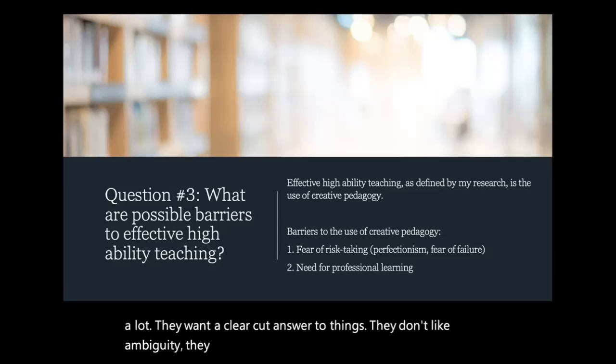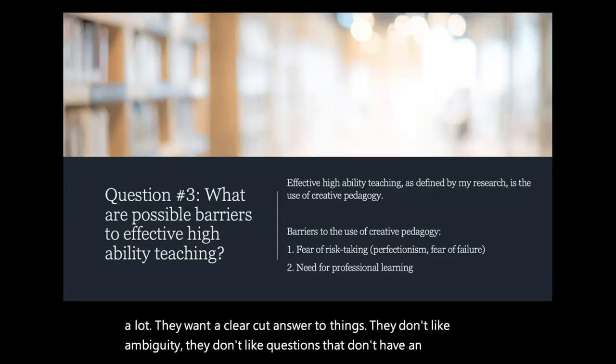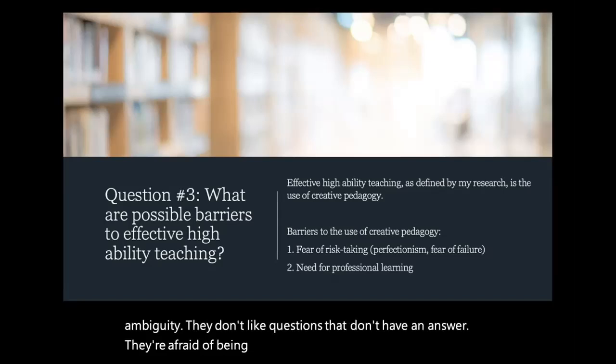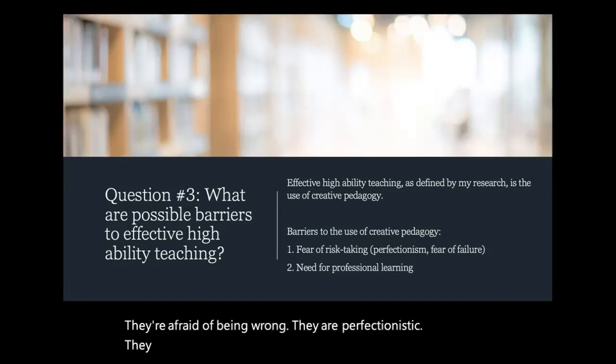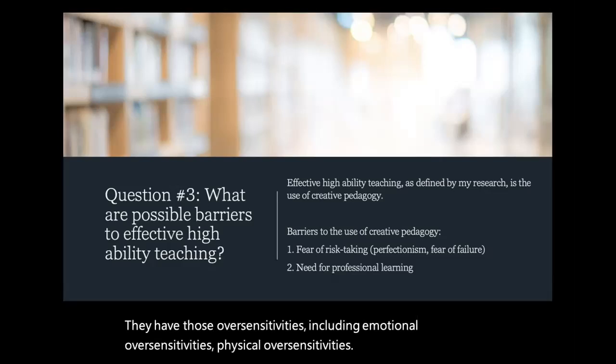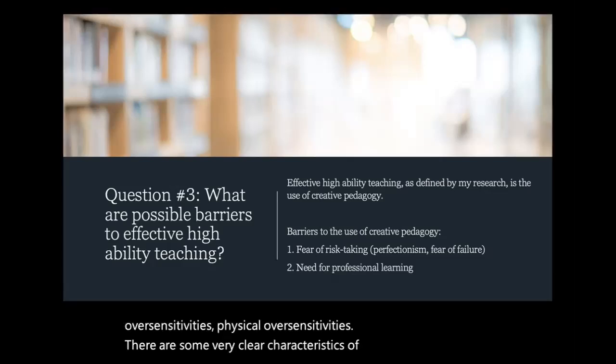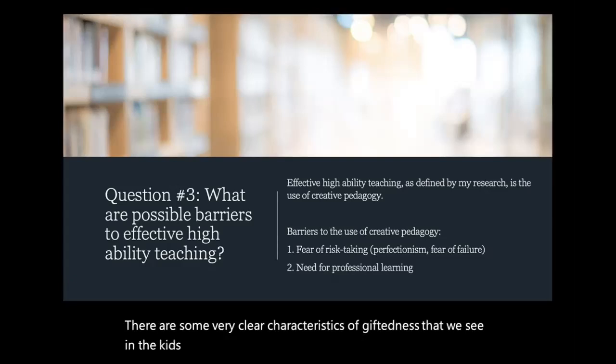They don't like questions that don't have an answer. They're afraid of being wrong. They are perfectionistic. They have those oversensitivities, including emotional and physical oversensitivities. There are some very clear characteristics of giftedness that we see in the kids. So it tracks that we would see some of those characteristics in gifted adults as well.